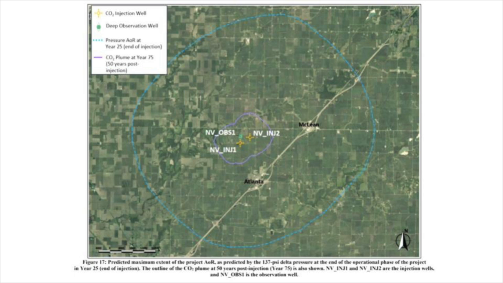That's something I didn't elaborate on very much, but what we know is the wells at Decatur did not stay in the area that was predicted where the CO2 plume would be. It moved quite a bit, and it's tough for us to figure out where that is in relationship to the AOR because they've changed their AOR boundaries. But we know that 40 property owners have filed a lawsuit against ADM because they didn't give any consent to have CO2 under their property, and they have CO2 under their property.